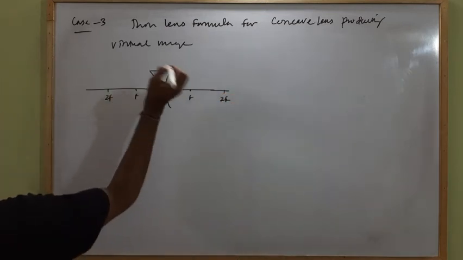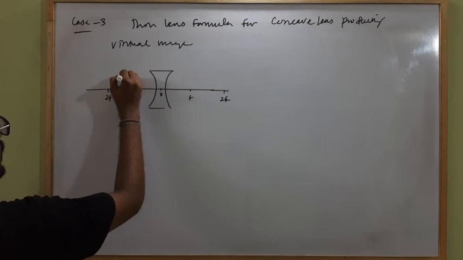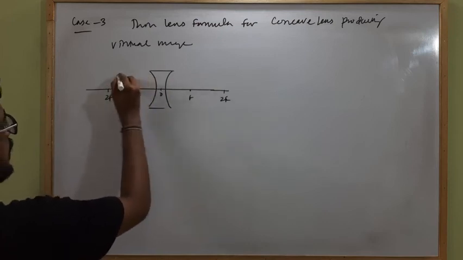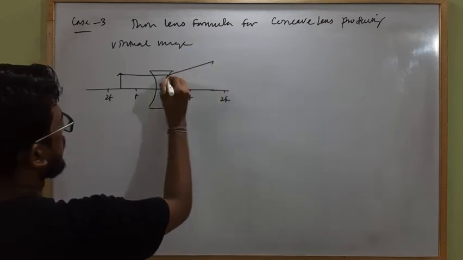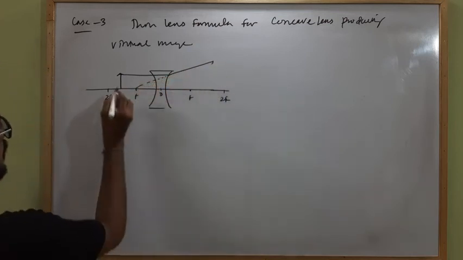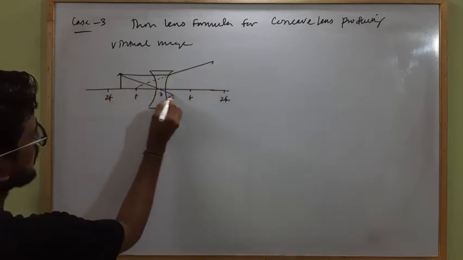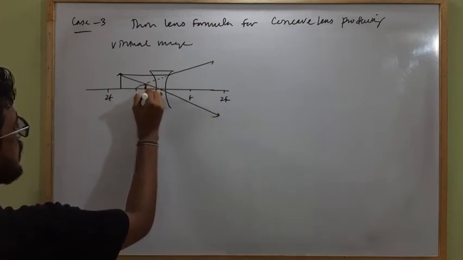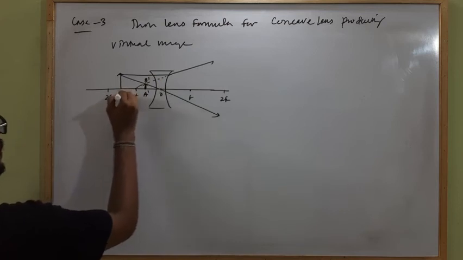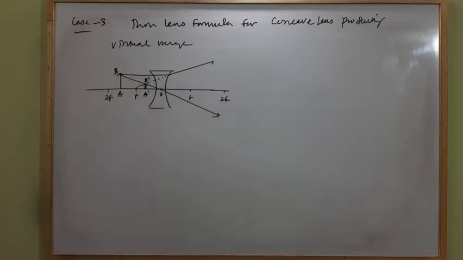Okay, so here this is the object and the rays go like this, and this is the object. So this will be the image A dash B dash, AB.